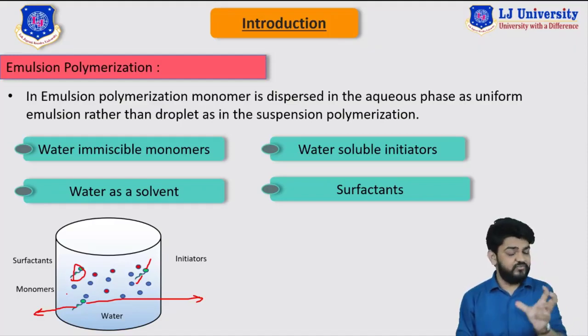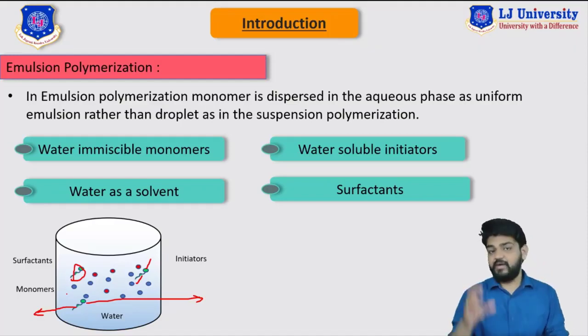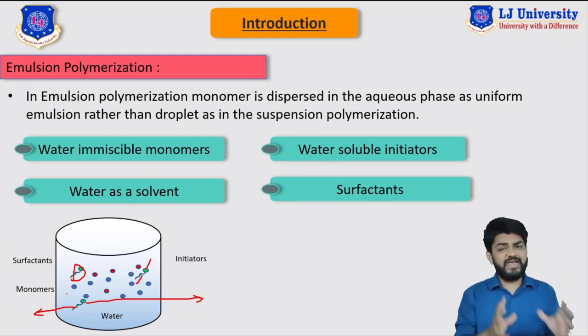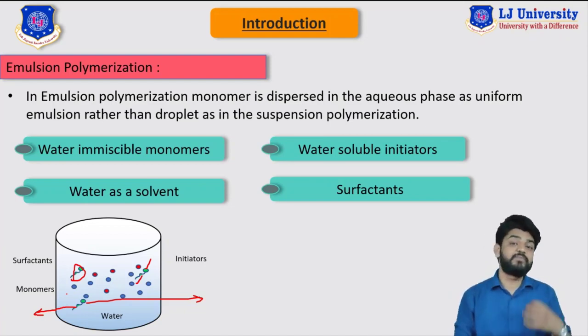Now the word surfactant is a combination of surface active reagent. This surface active reagent basically provides stability to the emulsion. They stabilize the emulsion and are also very useful in the polymerization reaction.